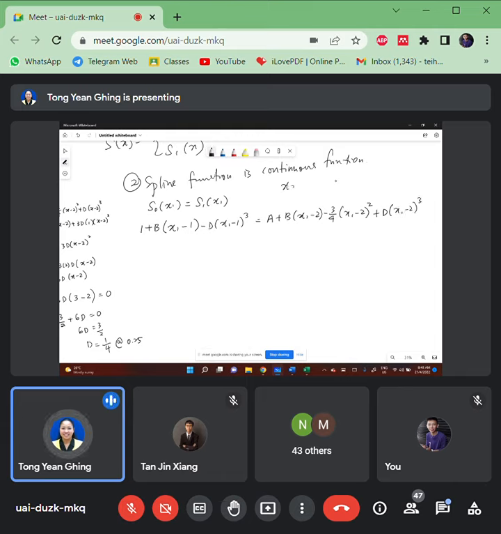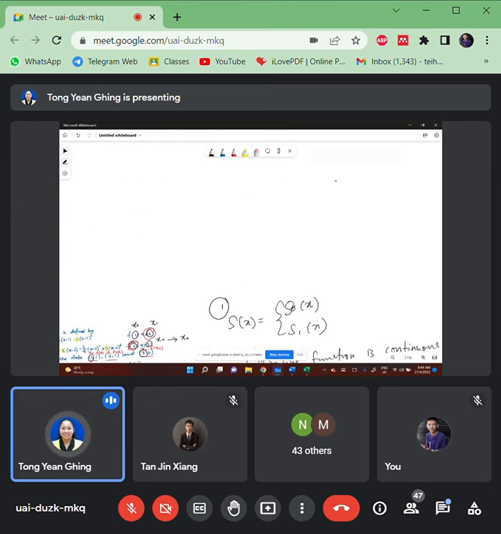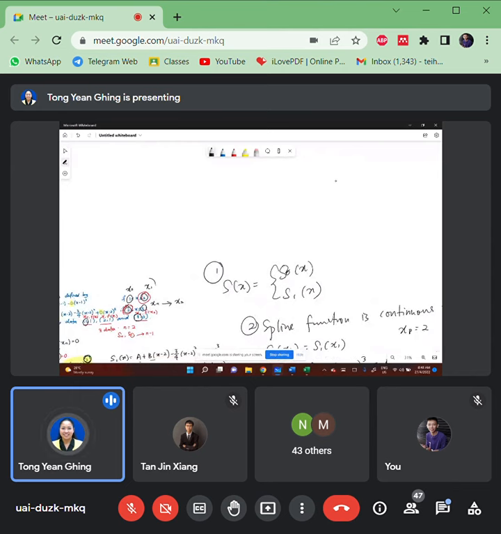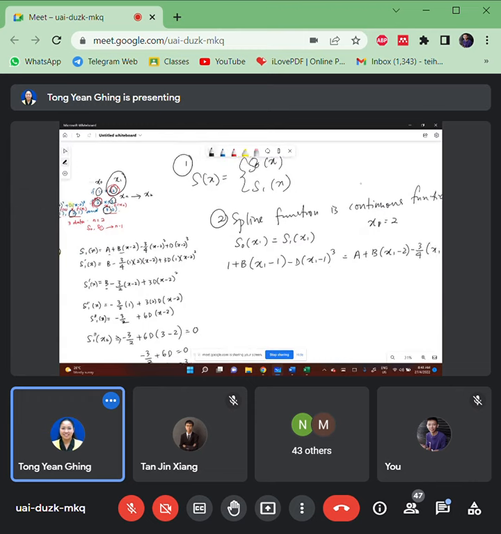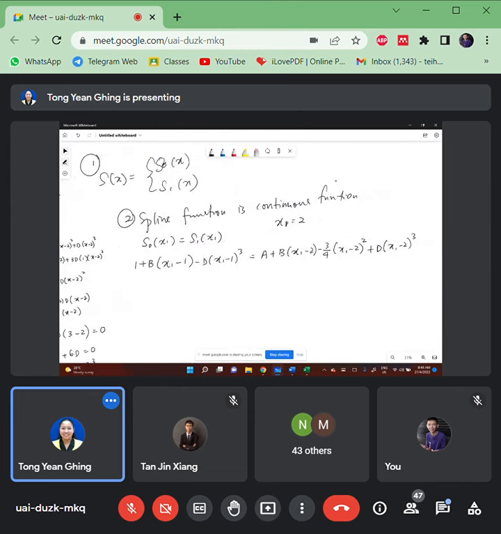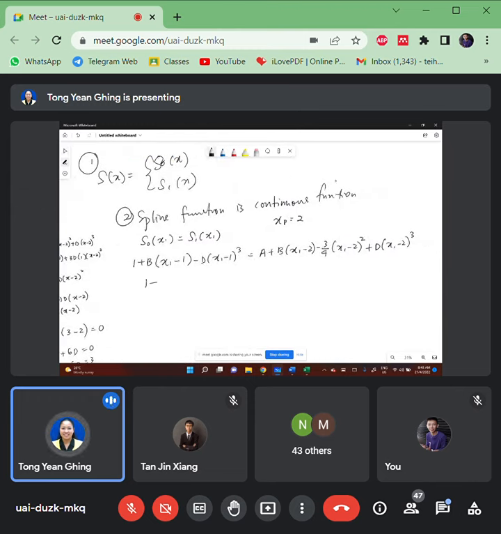So just now the x1 is 2. Betul kan? Okay, yes, x1 is 2 kat sini. So saya letak sini b 2 minus 1 d 2 minus 1 power of 3 equal to a plus b 2 minus 2, 3 over 4, 2 minus 2, d 2 minus 2, power of 3.